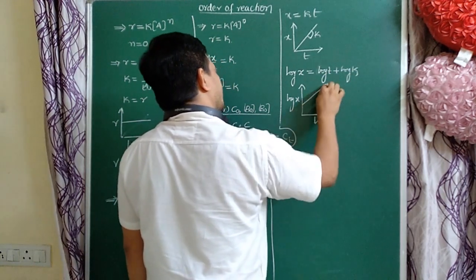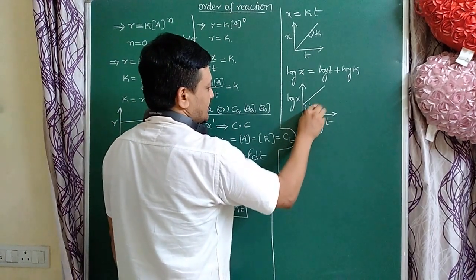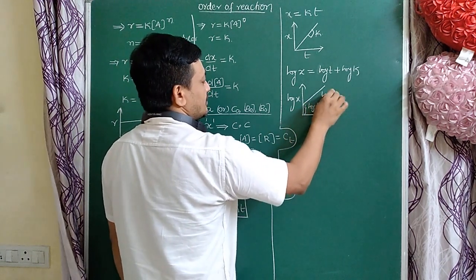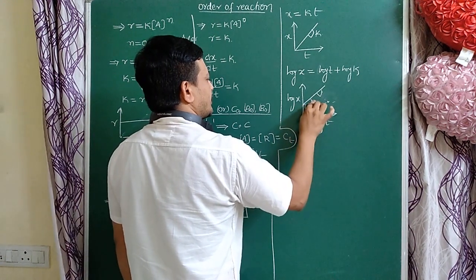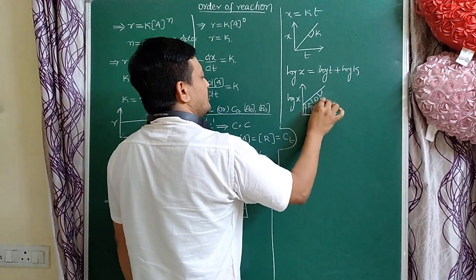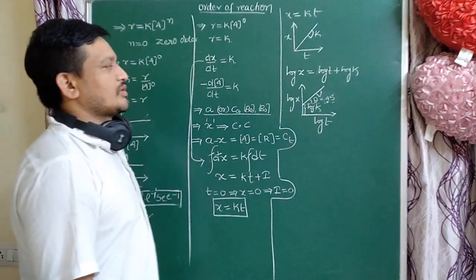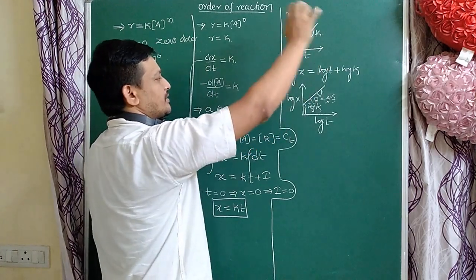The intercept indicates the log k value. Here the slope is 1, that means theta equal to 45. Tan theta equal to slope, tan 45 equal to 1. So this is the graph for this equation.